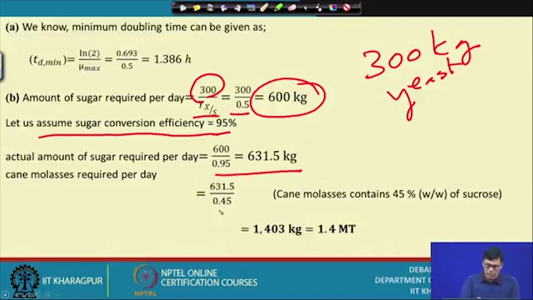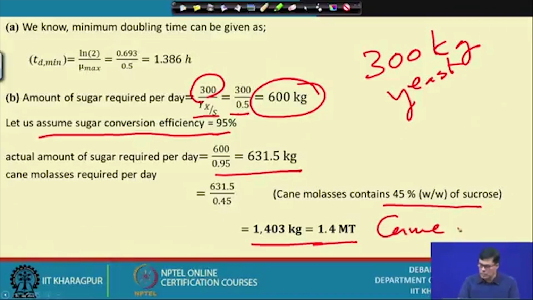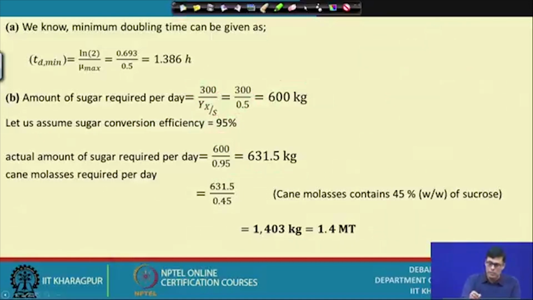Now, cane molasses contains about 45% weight by weight of sugar. So, if you divide by 0.45, then you will get 1.4 metric tons of cane molasses. This is the cane molasses that we require. So, the second part of the problem can be solved very easily.